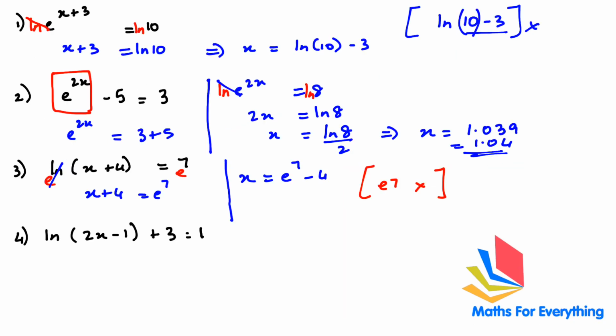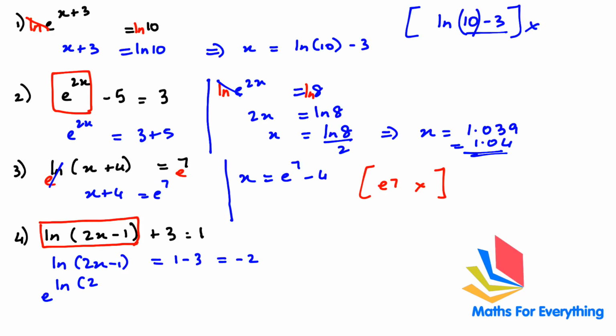In question number 4, our function ln is this whole thing, okay? So like I said, before we add e, we have to remove the extra things to the other side. So ln 2x minus 1 is equal to 1 minus 3, which will give us negative 2. Now we will introduce e.